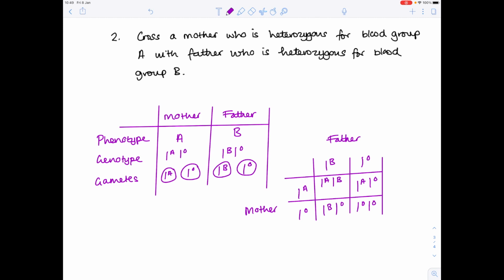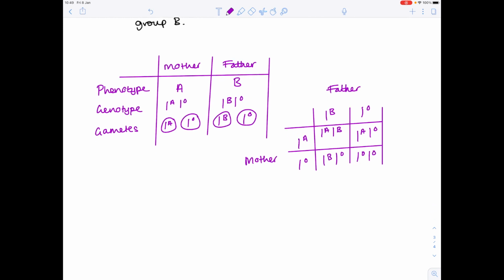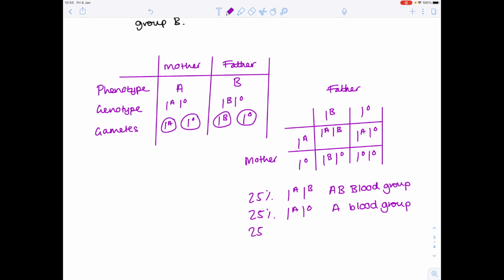So we have quite an interesting scenario here, because if we have a look at each of the offspring genotypes, let's start with this offspring. Because that A and B allele are codominant, then we know that this offspring will have an AB blood group. This offspring here will just be an A blood group, because remember that A is recessive to O. This offspring is very similar, but it's this time the B blood group.